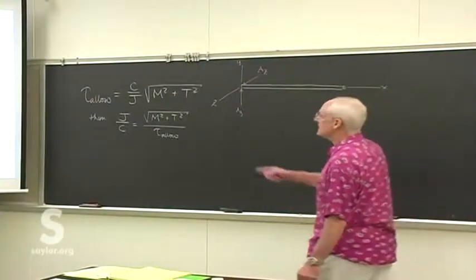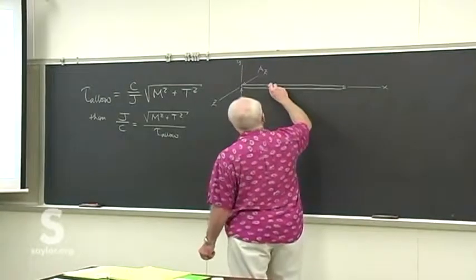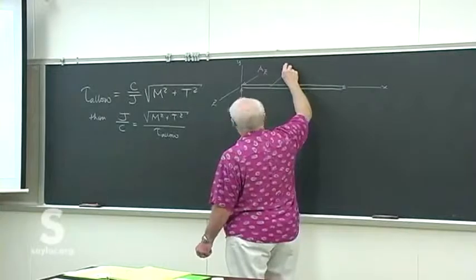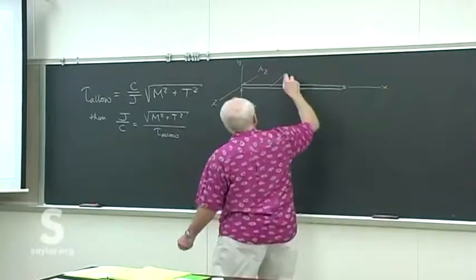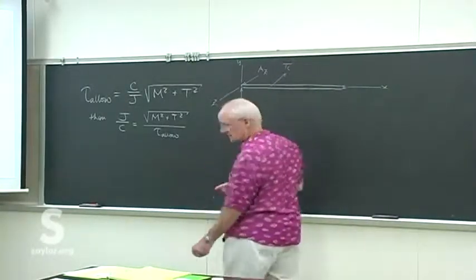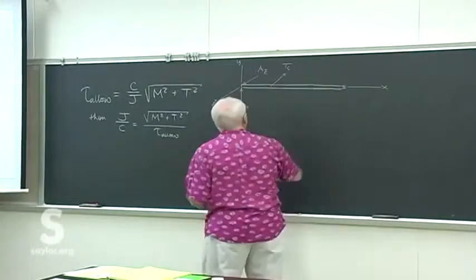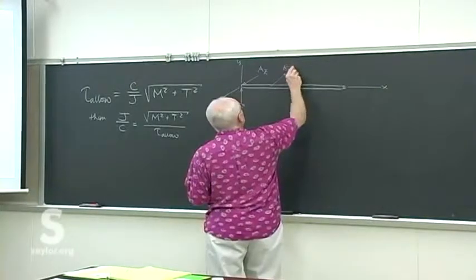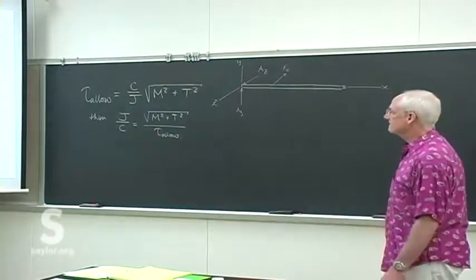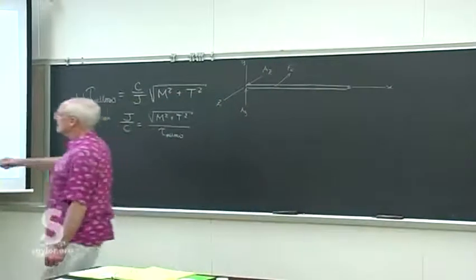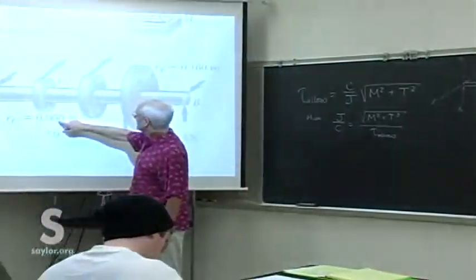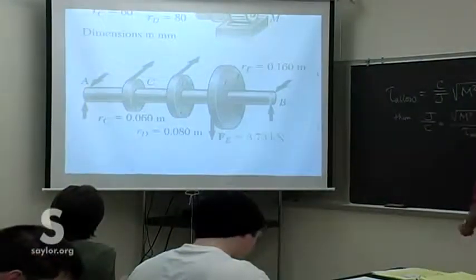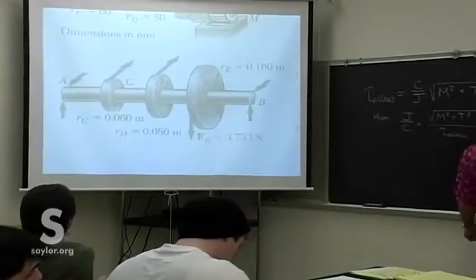Then at gear C, we have a force applied in the Z direction. I've got Ft for torsion, so we'll call this the force at gear C. But because gear C has a radius of 60 millimeters, it's going to cause a torsion there, and it will be in the minus x direction.